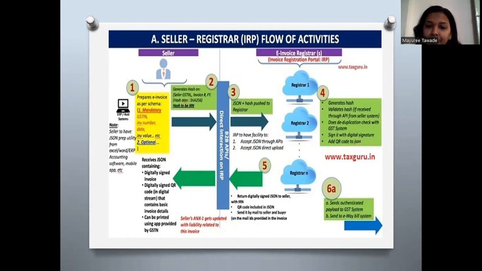After that, the digitally signed JSON is returned to the seller with the IRN. Then the QR code is included in the JSON and sent by mail to the seller and buyer. The authenticated payload is sent to the GST system and the e-way bill system. This is how it is generated through the IRP flow of activity.